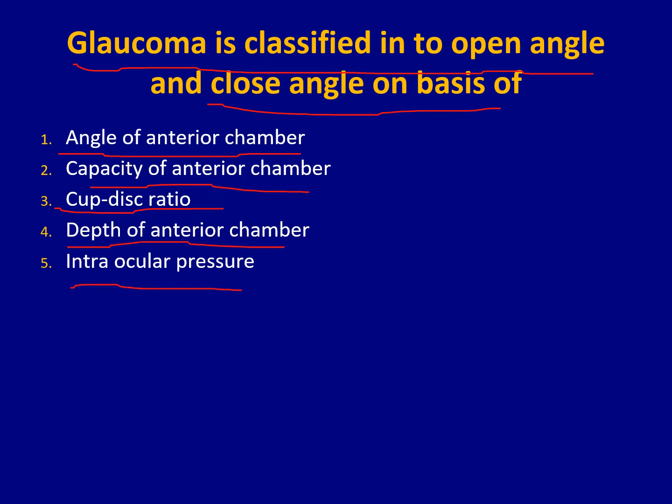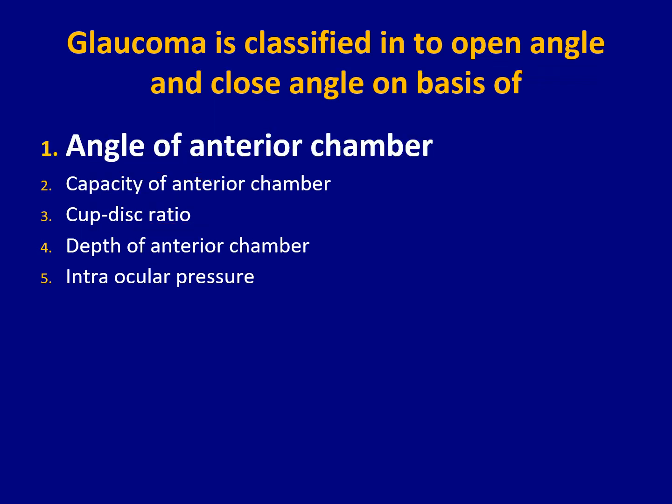Glaucoma is differentiated into open and closed angle on the basis of the angle of the anterior chamber. If the angle of the anterior chamber is open, we call it open angle. If the angle of the anterior chamber is closed, we call it closed angle. So the answer is number 1. Angle of the anterior chamber is the answer.